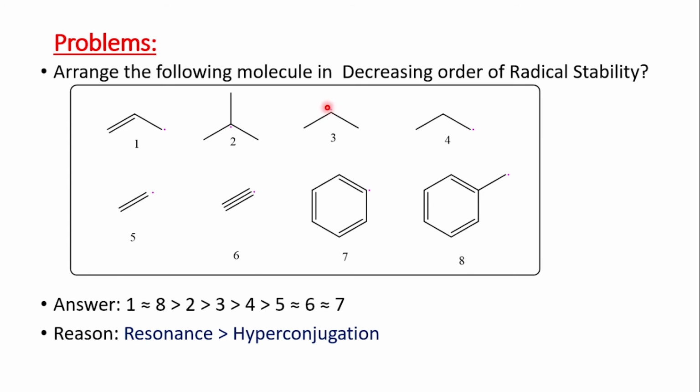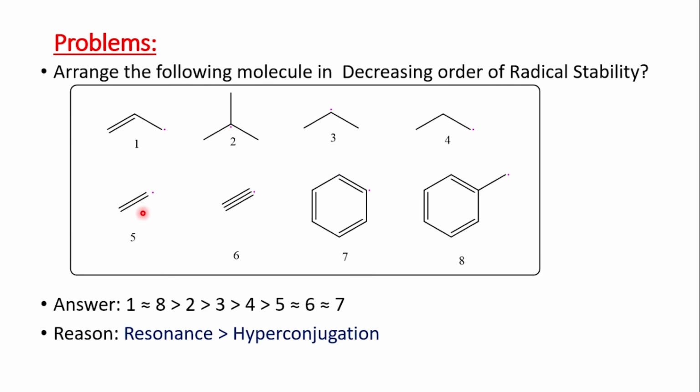This radical is stabilized by what factor? Hyperconjugation. This radical is also stabilized by hyperconjugation. These 3 molecules are unstable. This molecule is stabilized by resonance. So in the stability parameters, resonance came first, then hyperconjugation. So 1 and 8 have higher stability than 2, 3 and 4.